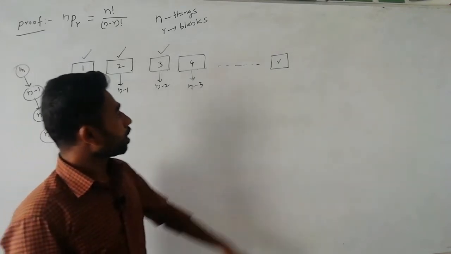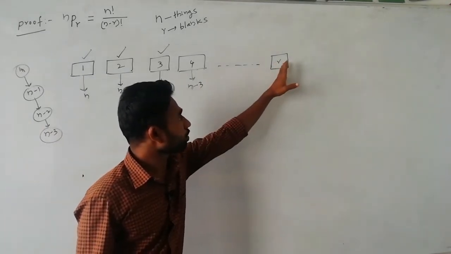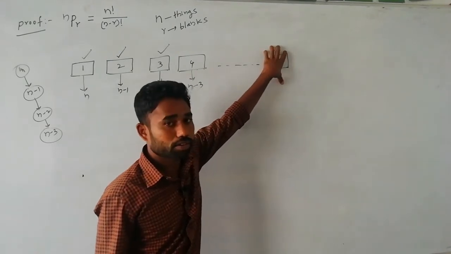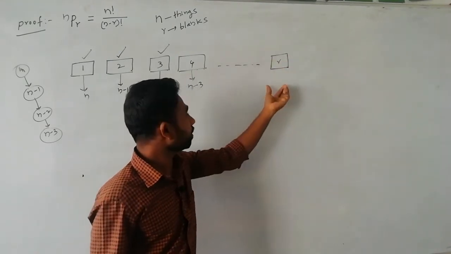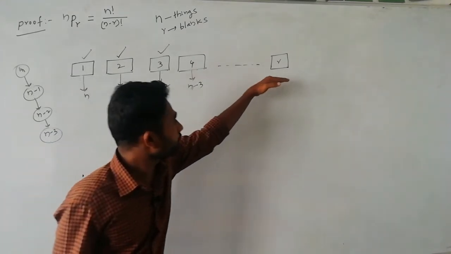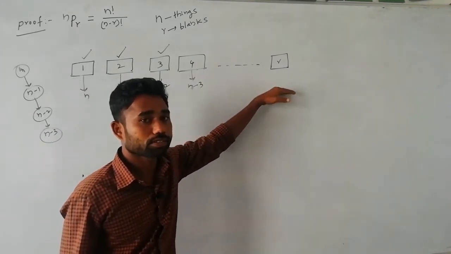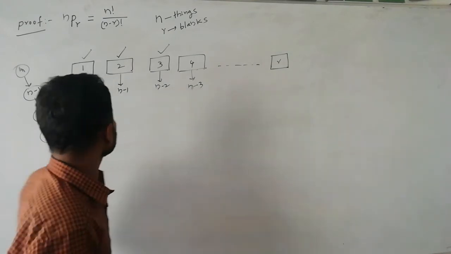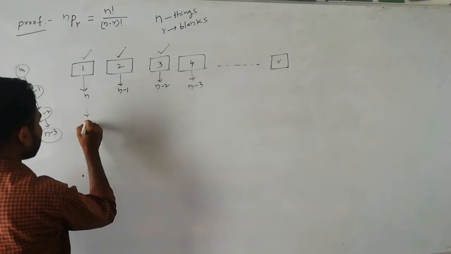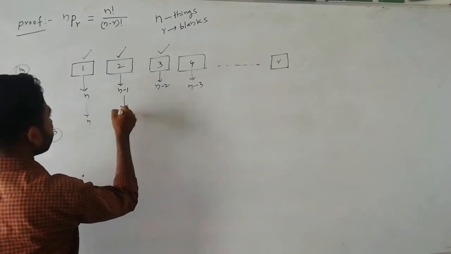So what about the r, the rth blank, the last blank? How many ways can we fill it up? How can we decide this? Okay, let me tell you once. Here n, then n minus 1.